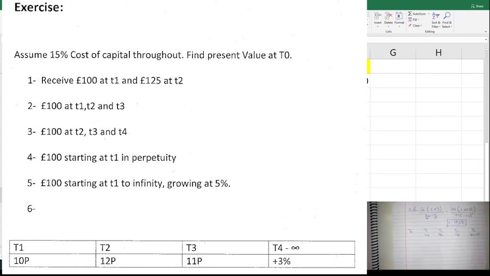What you do, you multiply these values with the discount factor 0.870, 0.756, 0.658, and then you apply the same formula which you have applied here. So 11 into 1.03 divided by 0.15 minus 0.03.